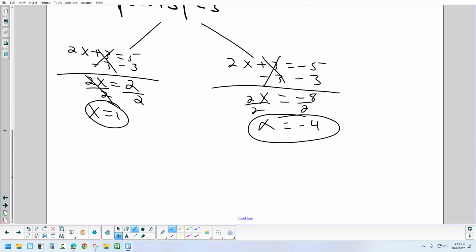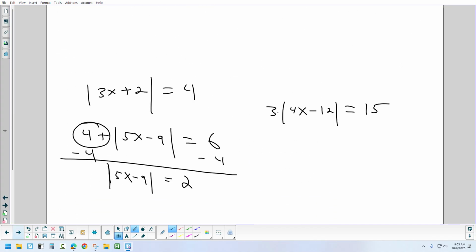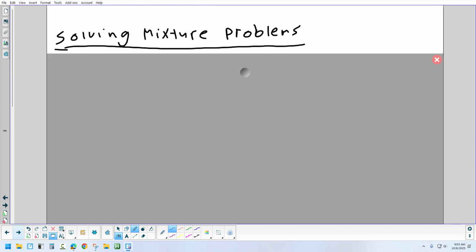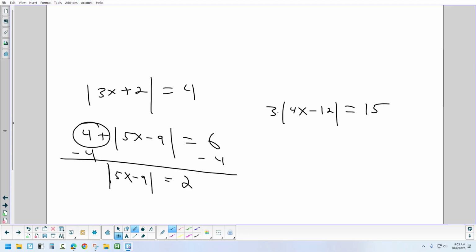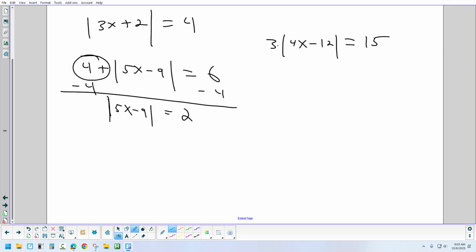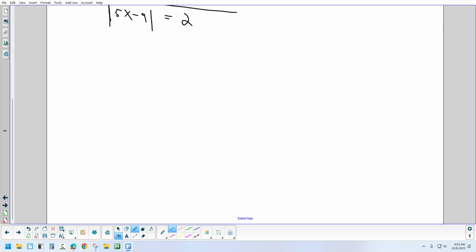So the last thing we're going to look at, actually, let's do one more thing here. Let's just look at this one for a second. Does anybody notice anything about that one if you were to try to solve it?